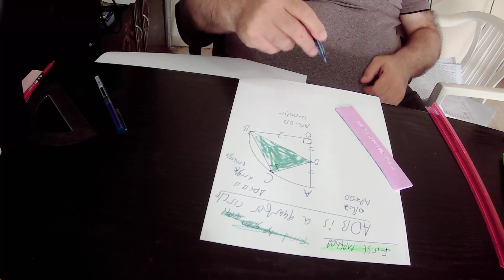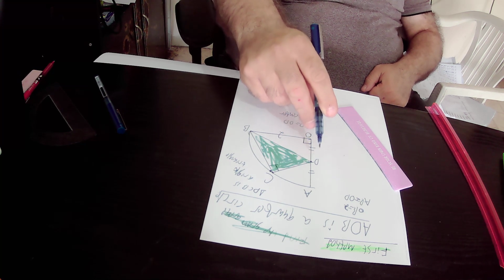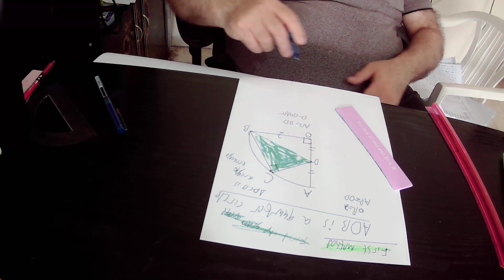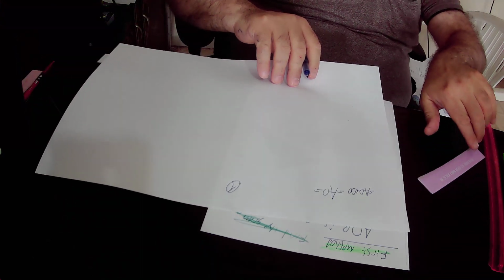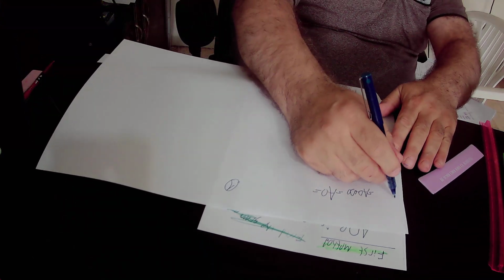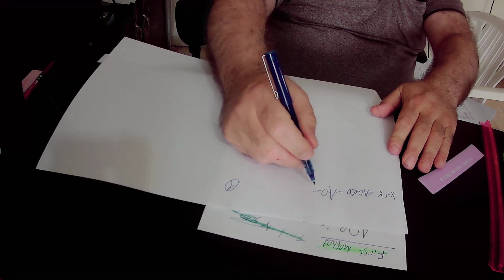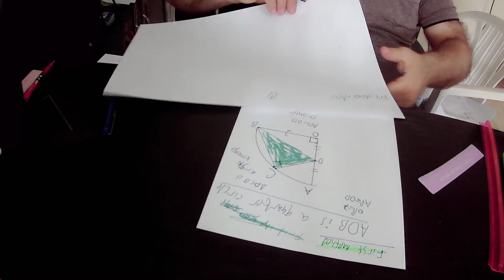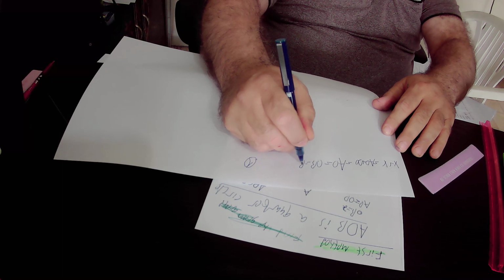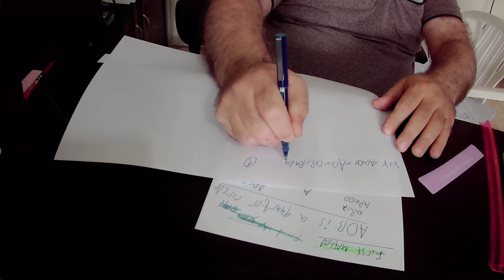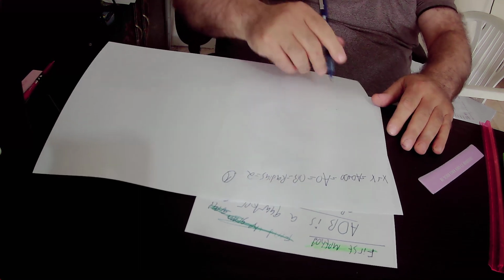But because AD equals DO, if we define AD as X, then DO also equals X. Therefore, we can write down that AD, that is X, plus DO, that is also X, equals AO, that is equal to OB, that is actually the radius of the quarter circle, that is equal to 2 units according to what is given in the question.